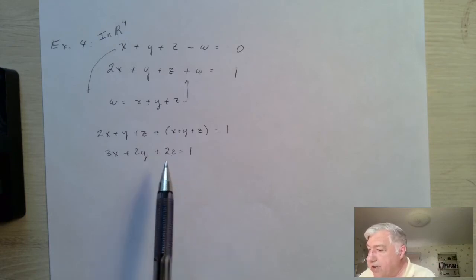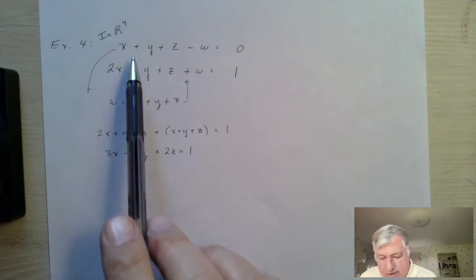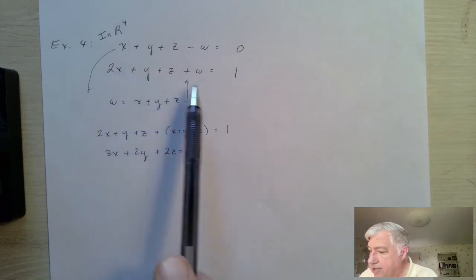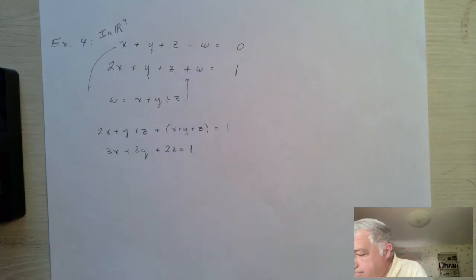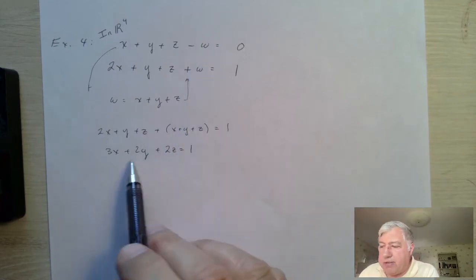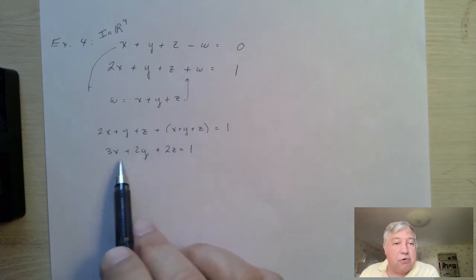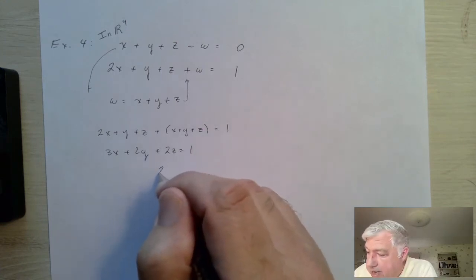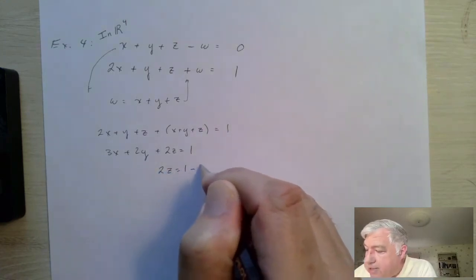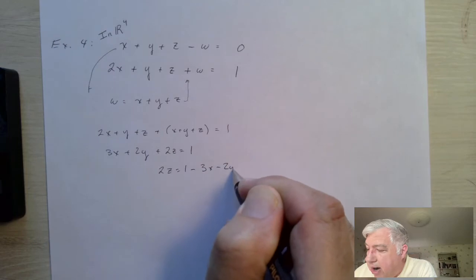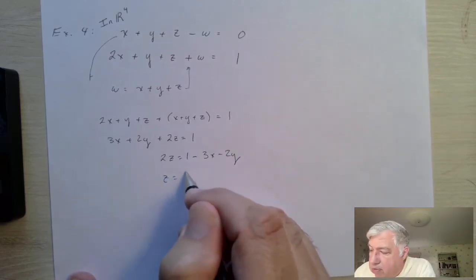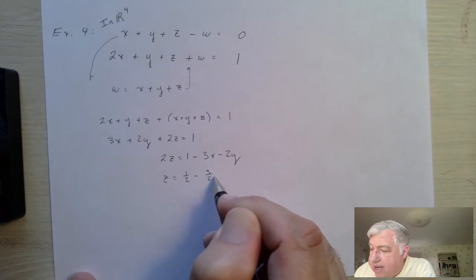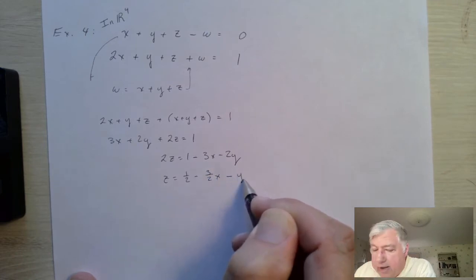We can use the other equation here, going back up here. We can stick with this, and we can write z in terms of x and y. We can say 2z will be 1 minus 3x minus 2y, and divide by 2, so z will be 1/2 minus 3/2 x minus y.